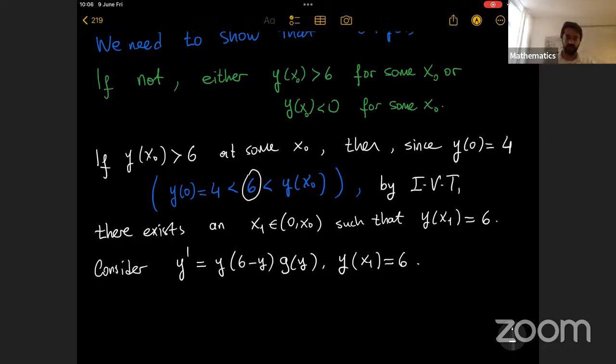Şimdi yeni bir initial value problem oluşturduk, 4 yerine 6'ya bakıyoruz. Existence uniqueness teoremden dolayı bunun unique solution olması lazım. Fakat yukarıdaki çözüm bunun da çözümü, çünkü x1 noktasında 6'yı alıyor. Ama aynı zamanda the constant function y is equal to 6 also solves this. Yani bunun 2 tane solution'ı oluyor.